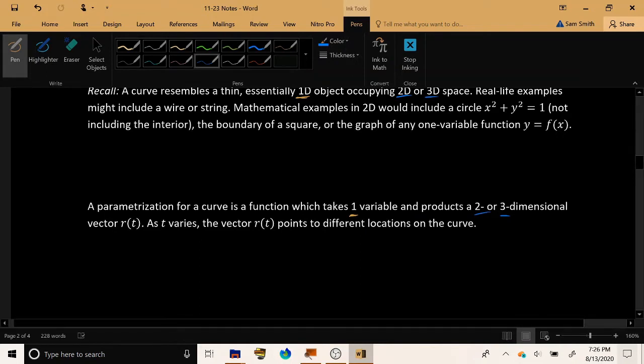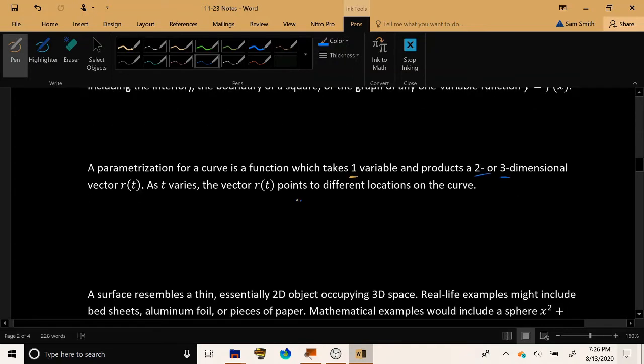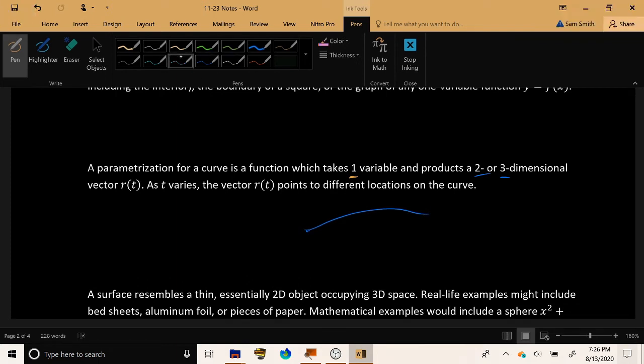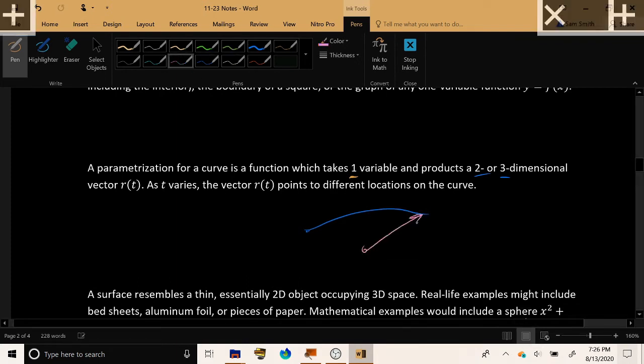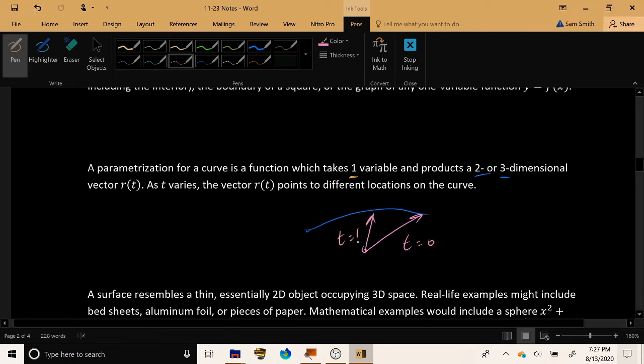And so as t varied, we had this function r, and the vector r of t pointed to different locations on the curve. For example, t equals 0 might point here, and t equals 1 might point here, and so on all the way down the curve, as an example.